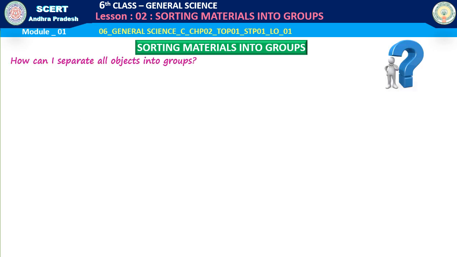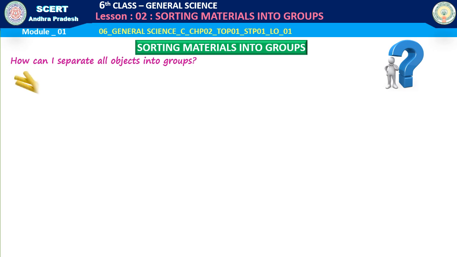Let us collect as many objects as possible from our surroundings. Each of us can get some everyday objects from home, and we can also collect some objects from the classroom or from outside of the school. What will we have in our collection?